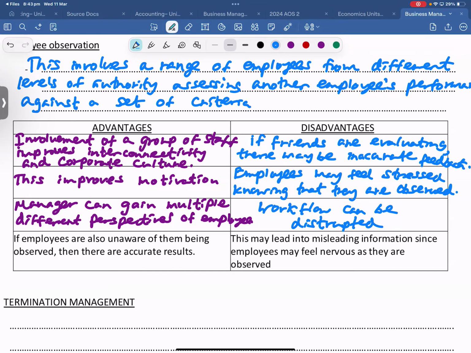So when employees observe each other. Okay, I had to give you an example for this. Take down an example. Right? 360-degree evaluation. Right.